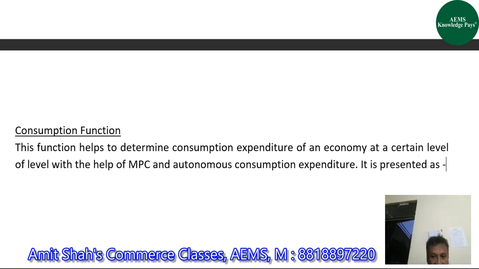It is presented as C, that is consumption expenditure, equals C bar, that is autonomous consumption expenditure, plus the product of MPC and Y. Now, what does this mean, guys?